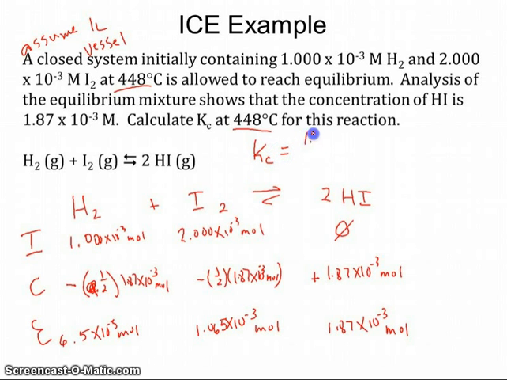I'll have 1.87 times 10 to the minus 3 squared divided by 6.5 times 10 to the minus 5 to the first power times 1.065 times 10 to the minus 3, all to the first power. And I can find that value. You can do that later and prove to yourself that it works.